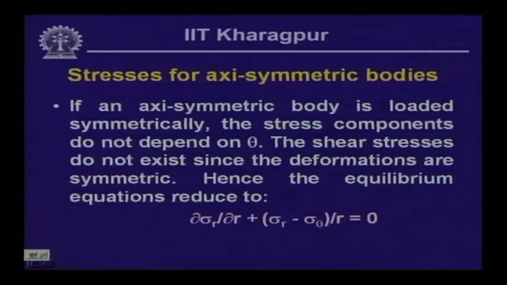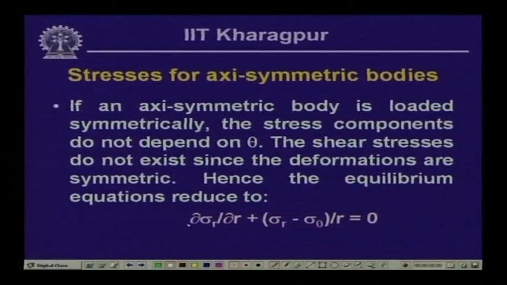And for such bodies, if the loading is also vertical and symmetrical, then at any cross section we take, the same state of stress exists at each section, and this kind of stress system and body we call axisymmetric. So, the bodies which are perfectly symmetrical with reference to their vertical axis, we call axisymmetric bodies.